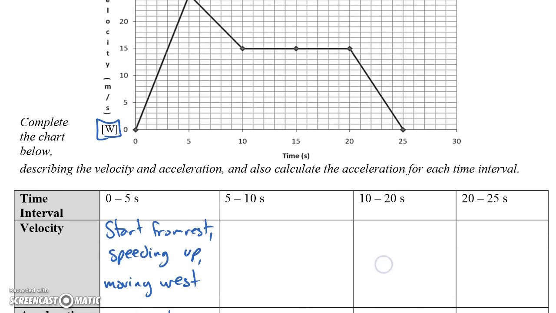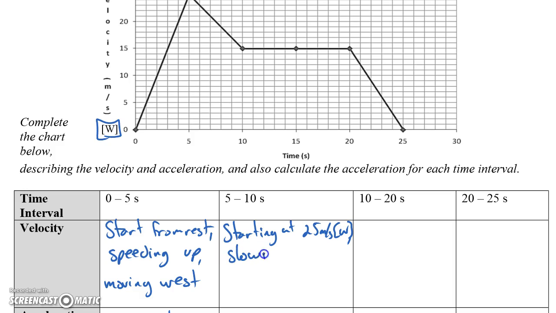We want to describe the velocity. This time we're not starting from rest. We are starting at 25 meters per second west. So we are still moving west. What are we doing though? We're going from 25, then we go down to 20, then we go down to 15. So we're slowing down. We're getting slower.